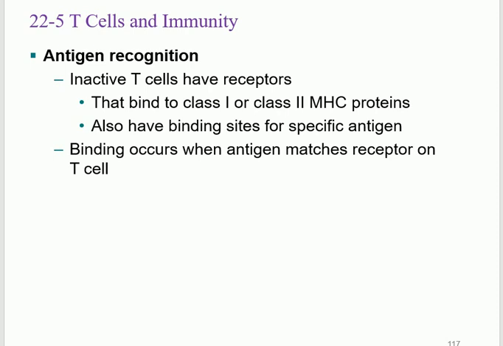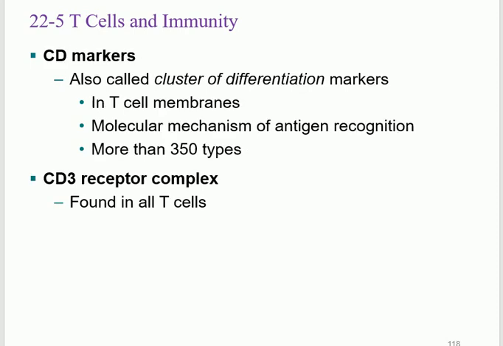So the inactive cells are going to be activated by interacting with the APCs. There are some markers located on the different cells. These are different types, like CD3. We don't have to know all the details. It's called cluster of differentiation, but that's not a big deal. It's just a marker that differentiates these different cells.